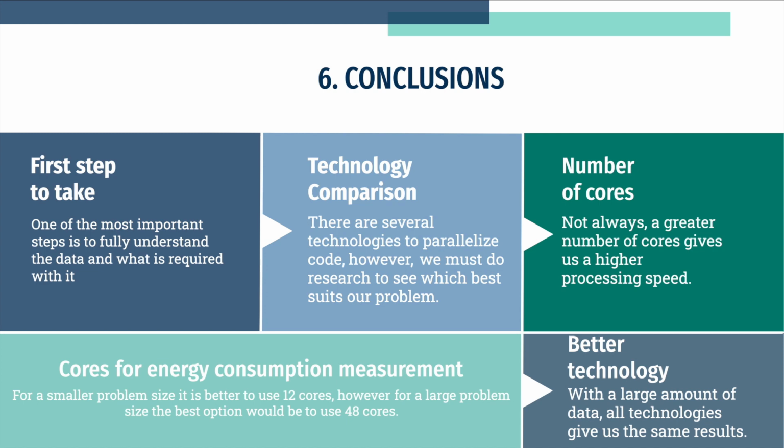We know that for energy consumption measurement, it is better with 12 cores, but when it is for a large problem, it is better with 48 cores. We know that with better technology, we get the same results for all the methods. Thank you for your attention.